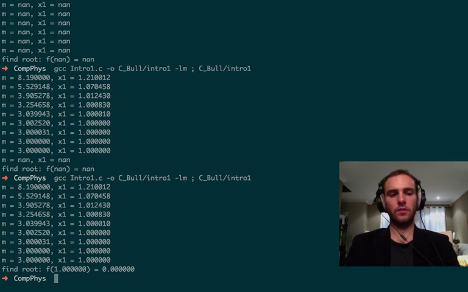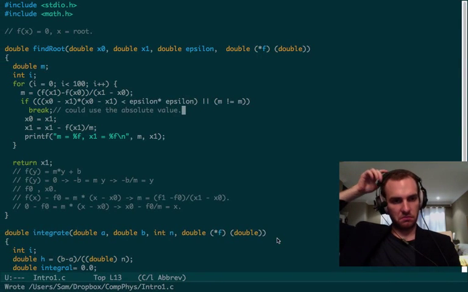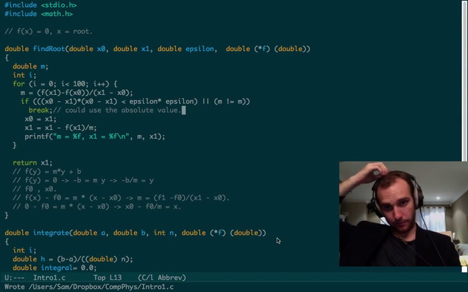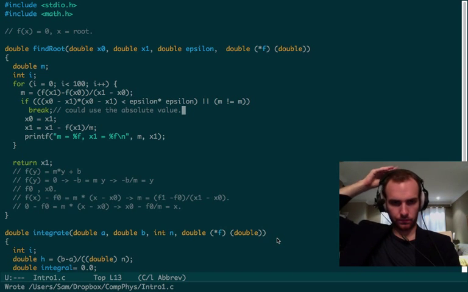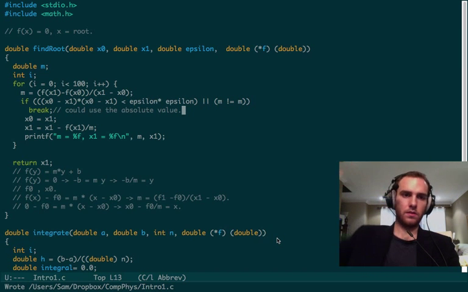We know that once we get to not a number, we'll remain there. So that's our little function.